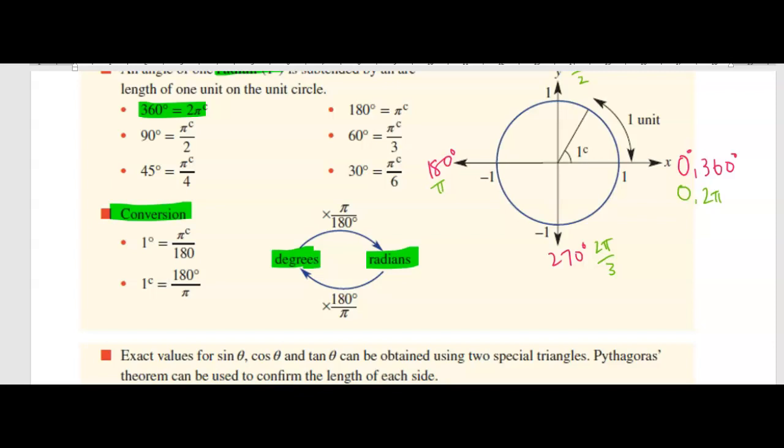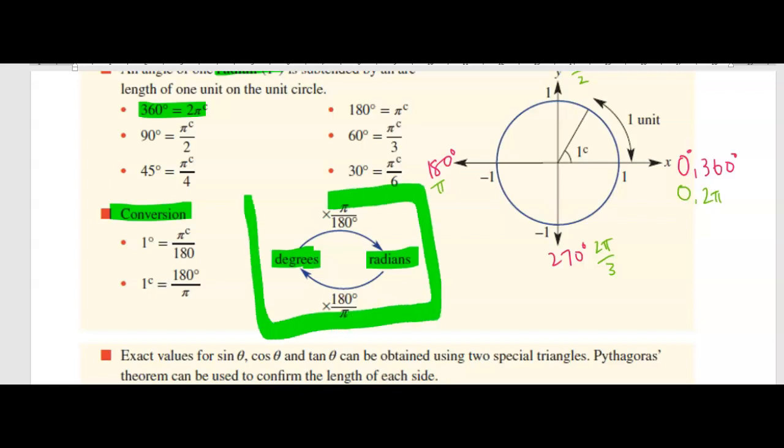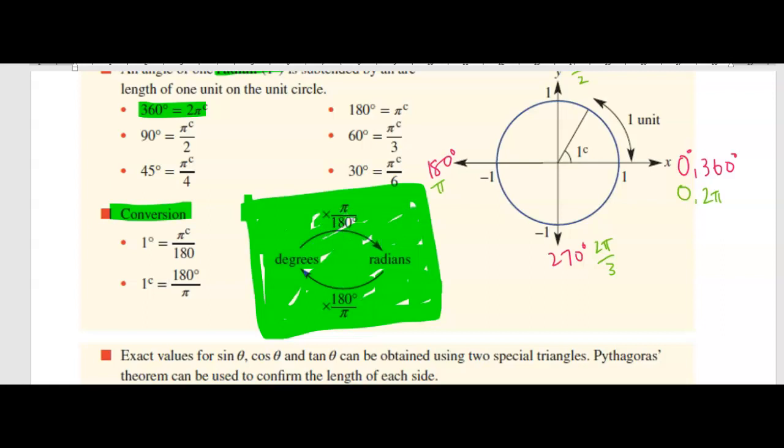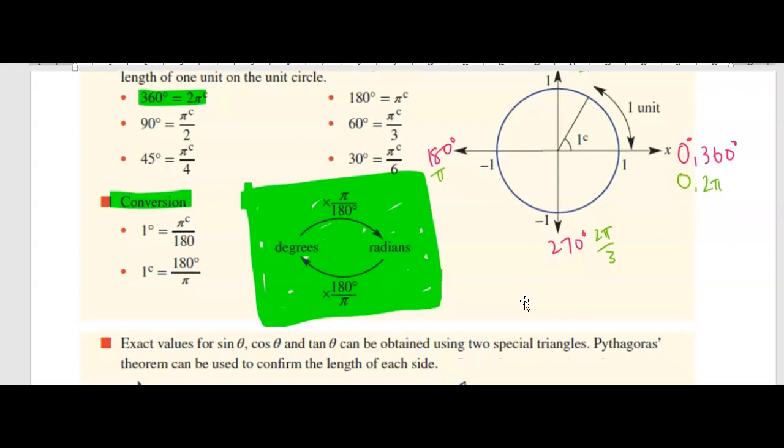We'll probably be using this a lot in this section. Oh, look at me colouring in. I get a little bit carried away. That is extremely important if you wanted to highlight it like I just have. So that's basically converting from degrees to radians.